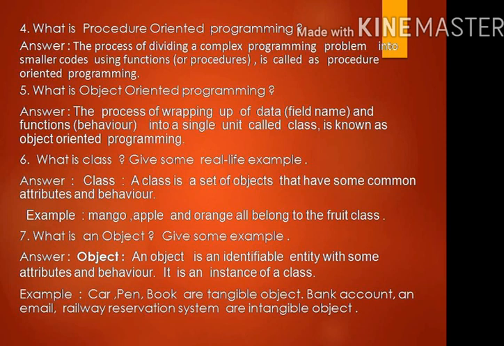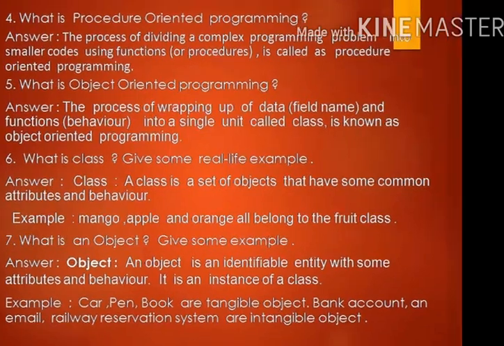Answer. Object. An object is an identifiable entity with some attributes and behavior. It is an instance of a class. Example, car, pen, book are tangible objects. Bank account and email, railway reservation system are intangible objects.